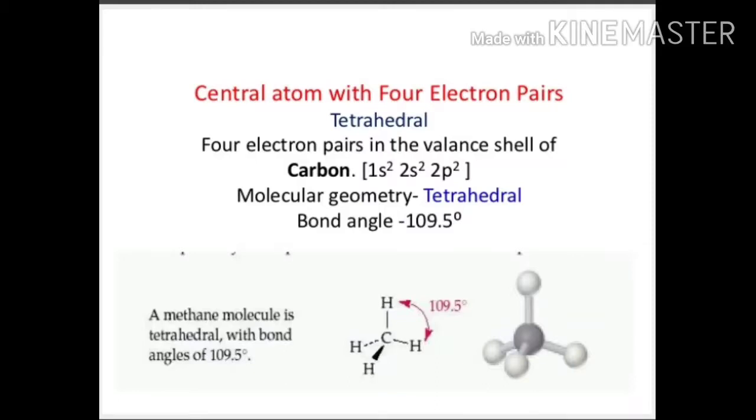There are no lone pairs of electrons, so this molecule has a symmetrical shape, which is tetrahedral. All 4 hydrogen atoms are at the same distance from each other, and the bond angle between them is 109 degrees 5 minutes.